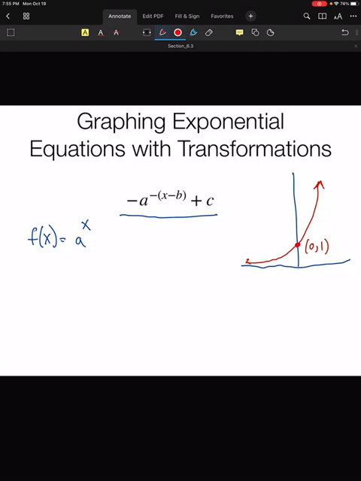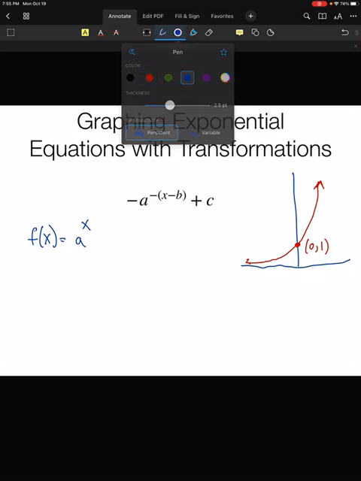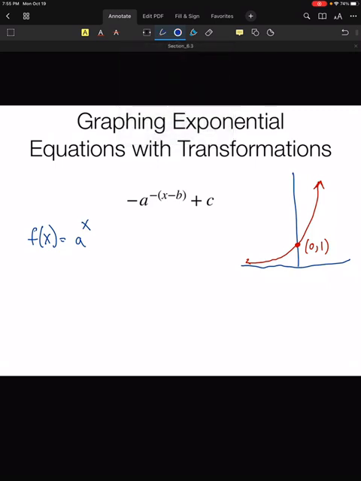That's the basic function. And then when we add different things, like we see in our function right here, that's going to change the behavior of our graph. I'm going to go through a list of them and point to where each of them matters. It's extremely important to write down this set of things.